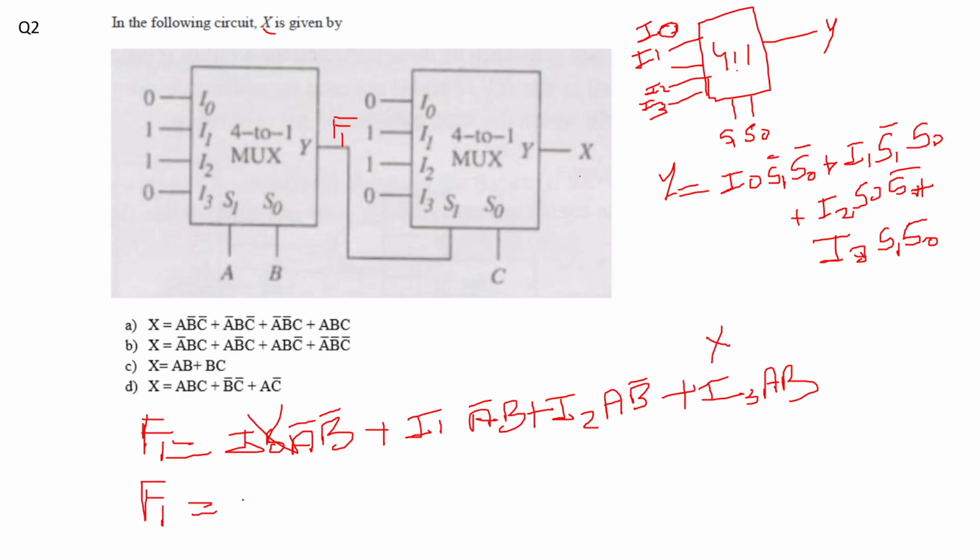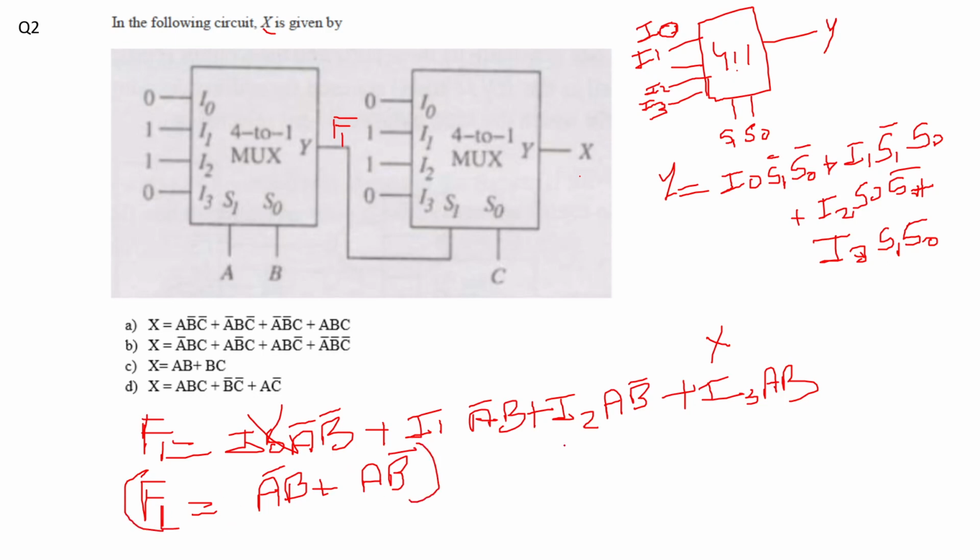I1 and I2 are 1, so F1 will be equal to A complement B or A B complement. If you quickly examine this, this is an XOR gate. Now term it as F1.